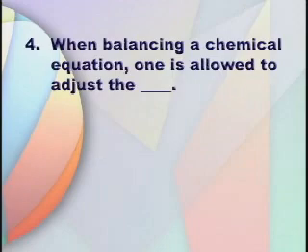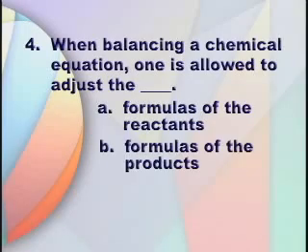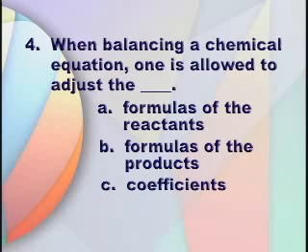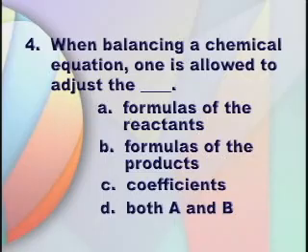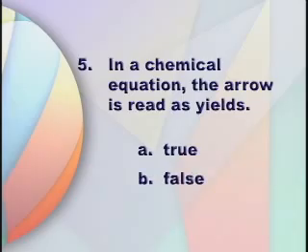When balancing a chemical equation, one is allowed to adjust the A. formulas of the reactants, B. formulas of the products, C. coefficients, D. both A and B. Number 5 is true or false. In a chemical equation, the arrow is read as yields. A. True. B. False.